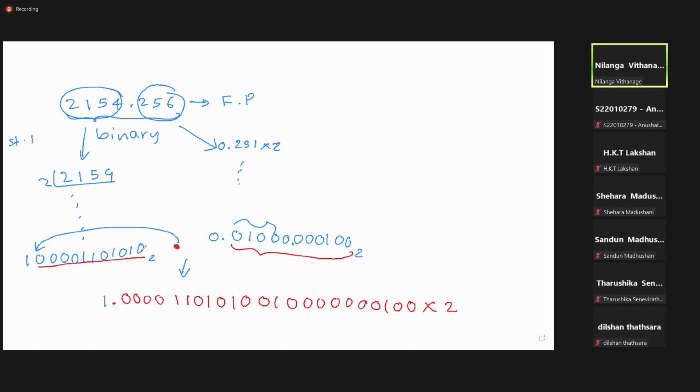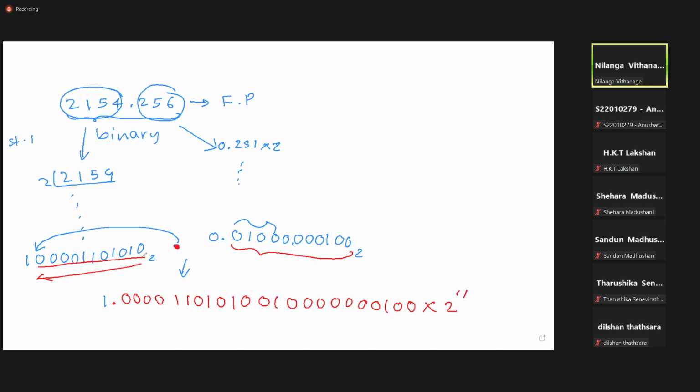You are taking 1, 2, 3, 4, 5, 6, 7, 8, 9, 10, 11 steps to this side, right? So you can put 1 point this number multiplied by 2 to the 11.